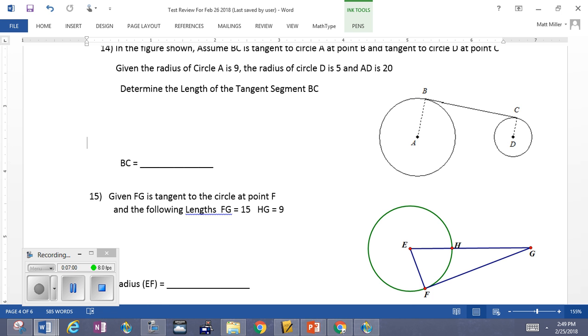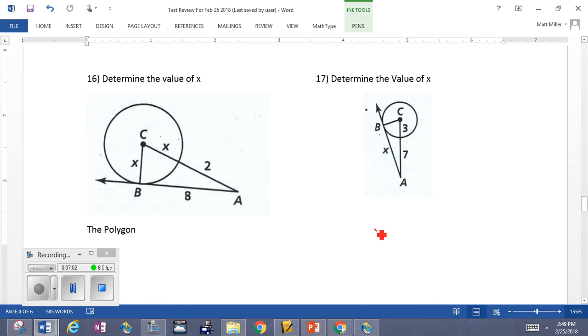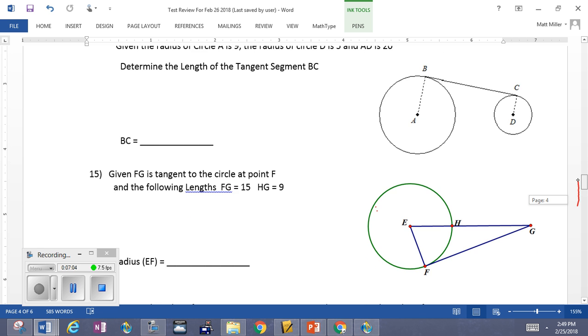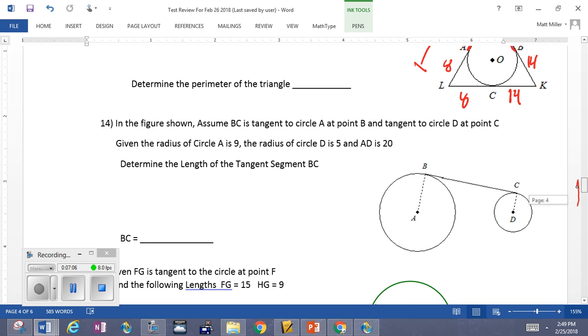All right, so here, what we're trying to find is, let's see. We've got this circle of radius 9, this circle of radius 5. We also know that the distance between their centers here is AD, which is 20.